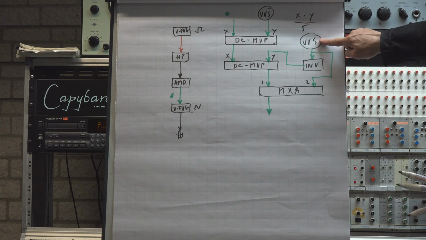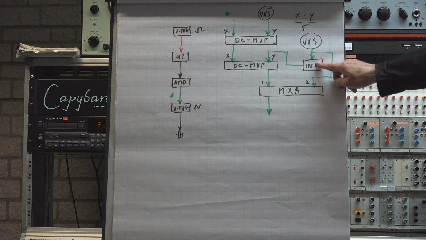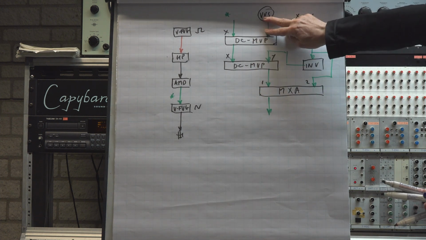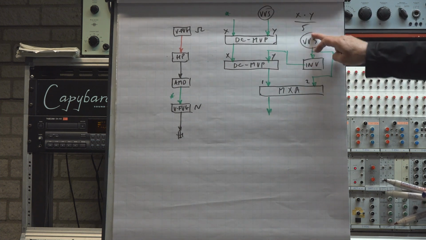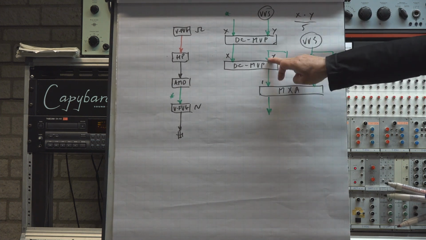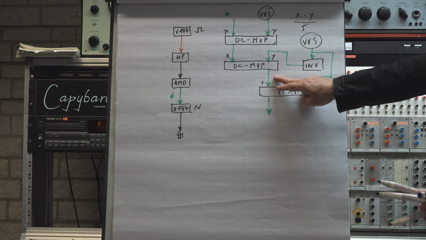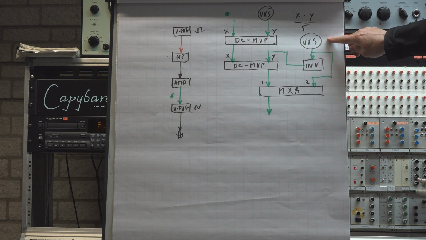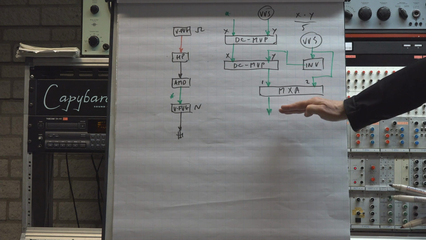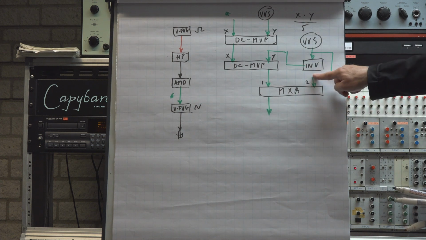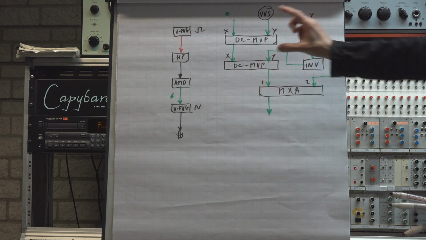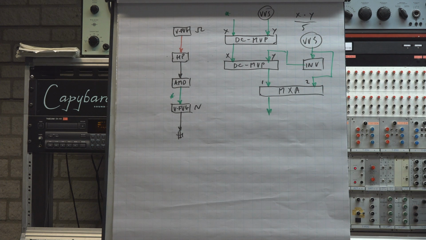Imagine that this one is at 0. Yeah? That means that the inversion is 5 volts. So here I have control over the amplitude of the random signal, and it is multiplied with the inversion of this one. If this is 0, this is 5 volts, so I have the full random signal here. When I'm going now to increase the second variable voltage source, I'm going to shift the voltage up because this continuous voltage is added to the output, but the inversion makes sure that also the amplitude of the random control voltage is reduced again.